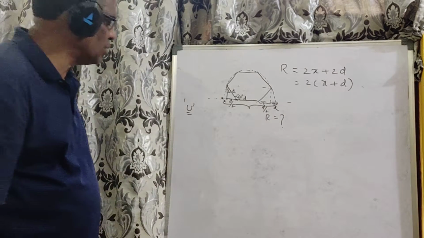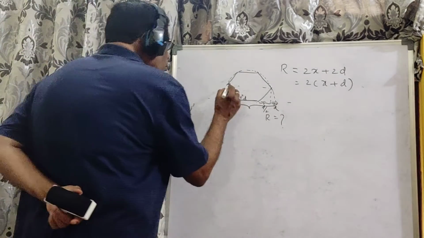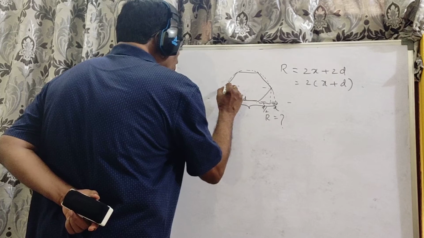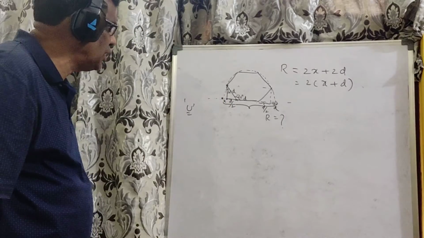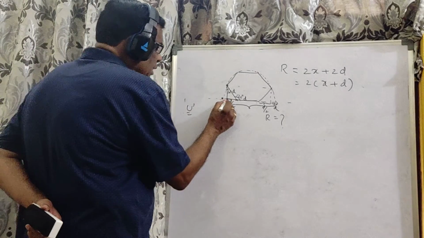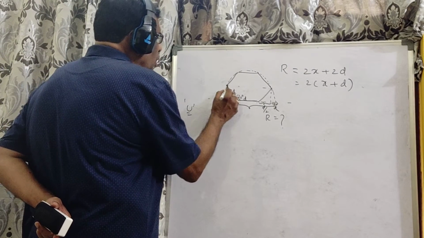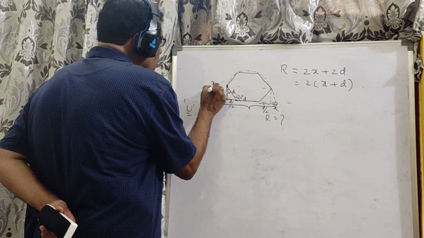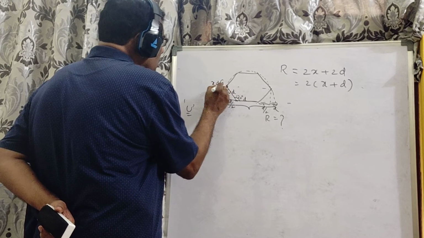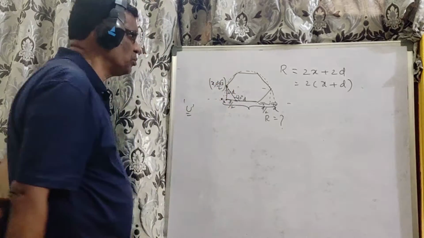How to get that, one has to think. Now come to this coordinate. What is this coordinate? This is the x-axis, x, and what is this? D cos 30, D root 3 by 2. So x comma D root 3 by 2.